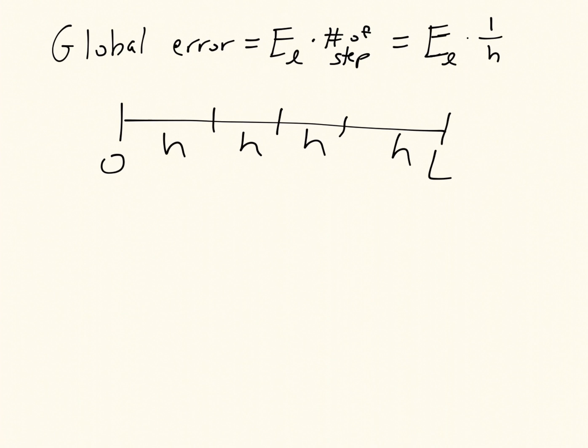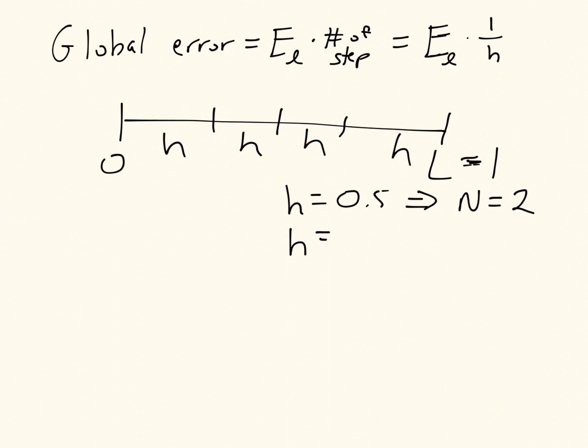So there's an inverse relationship between h and the number of steps. You can try this with L equal to 1, and let h be equal to a half, then the number of steps, say n, is equal to 2.